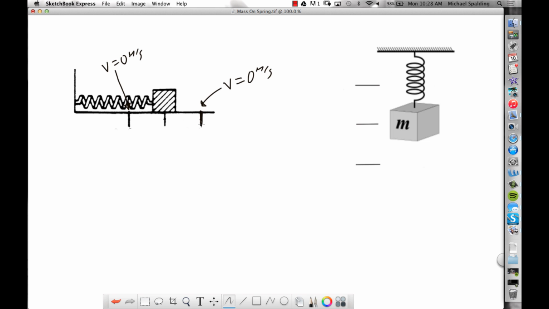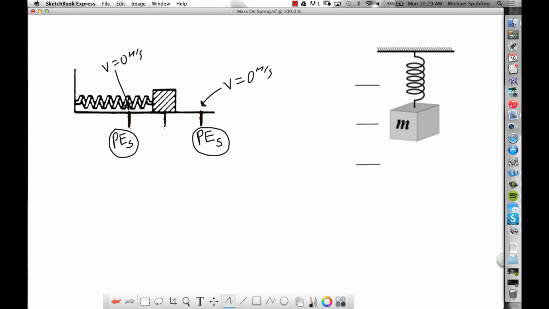So what's the only energy that it has right here? The only energy is going to be potential energy of spring, or you could call it potential energy elastic. Why no kinetic over here? Because it stopped. Okay, what type of energy does it have over here? Potential energy of spring again.